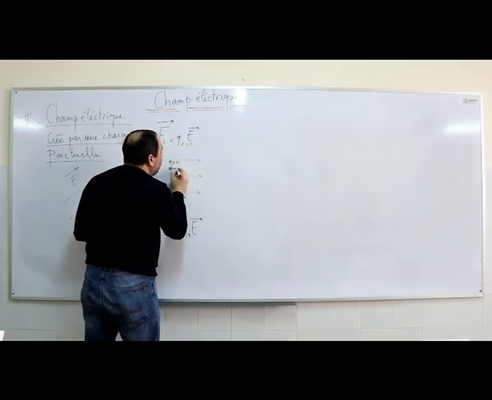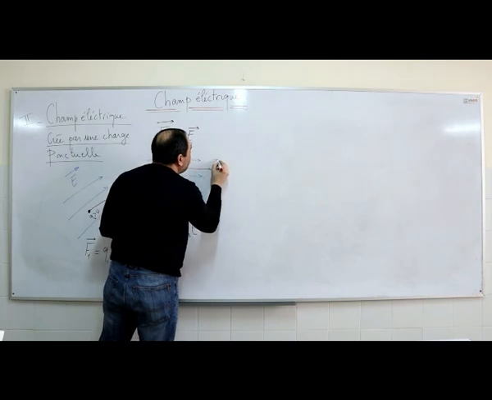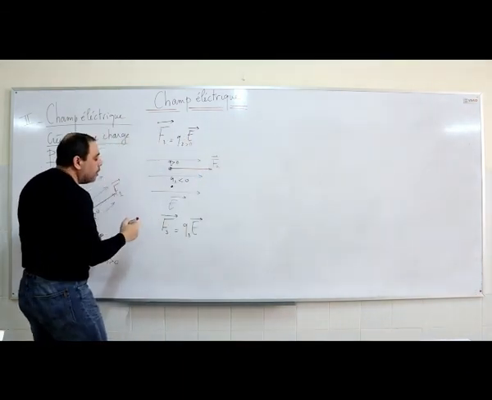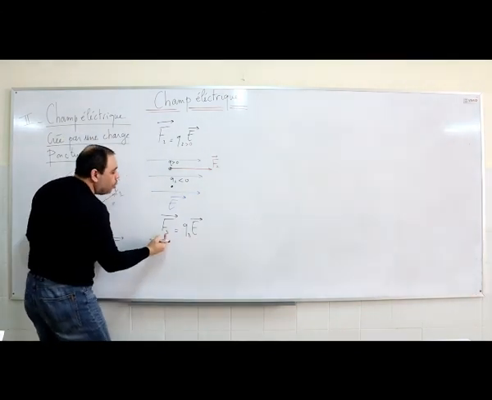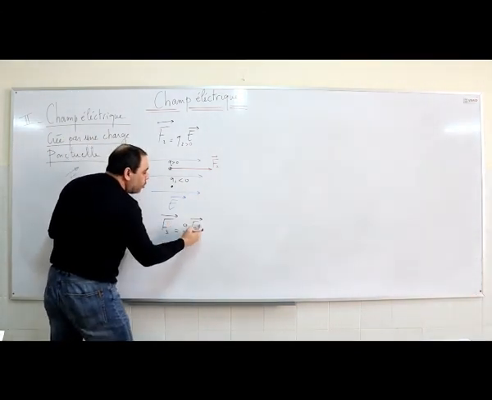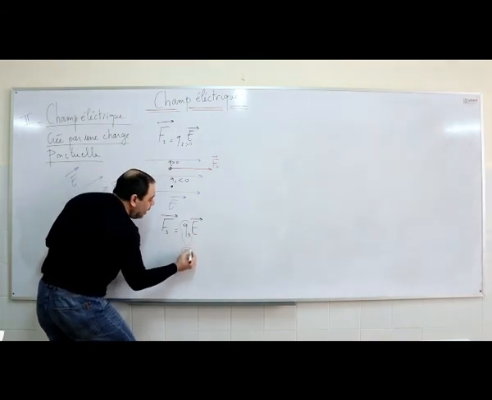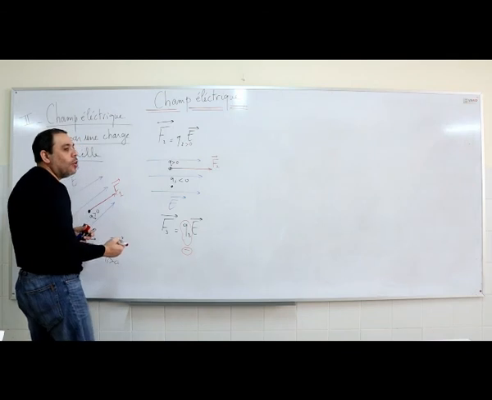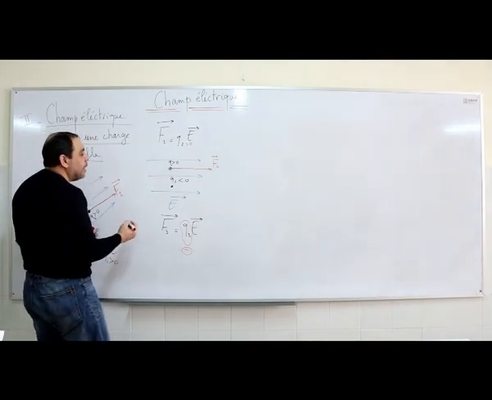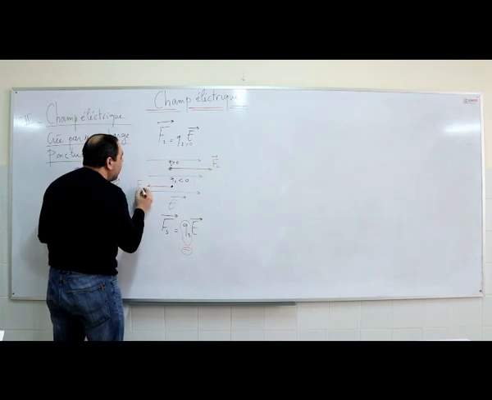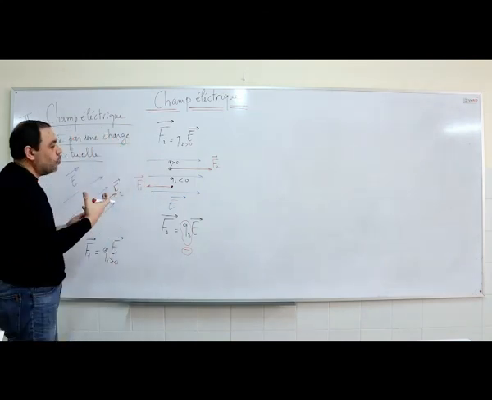Then we draw F2 in this direction. In the third case, F3 and E are proportional, so they are parallel, but Q3 is negative, then F3 and E are opposite vectors. So we draw F3 like this, opposite to E.